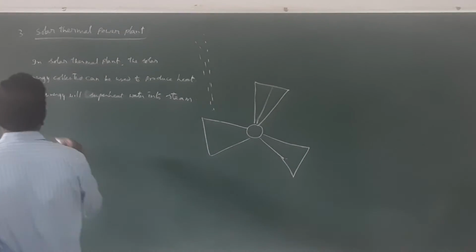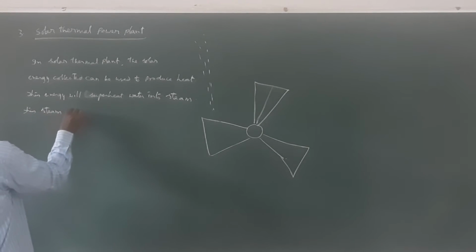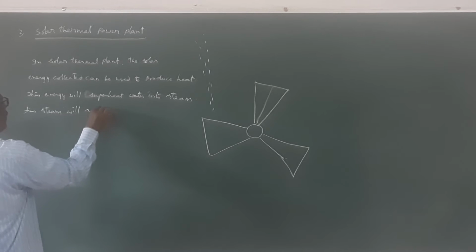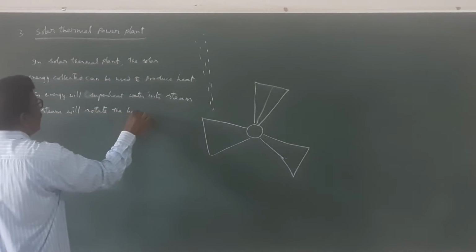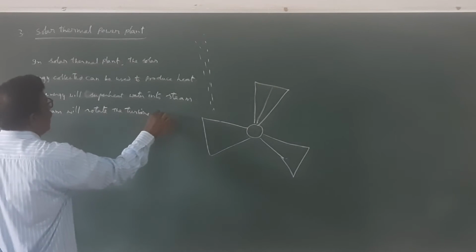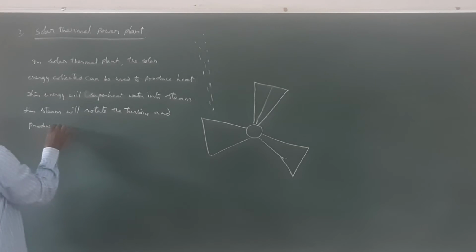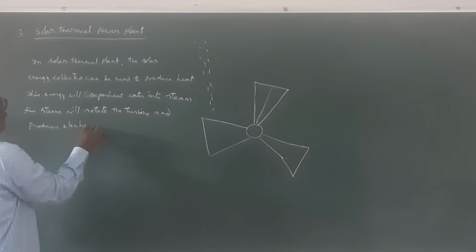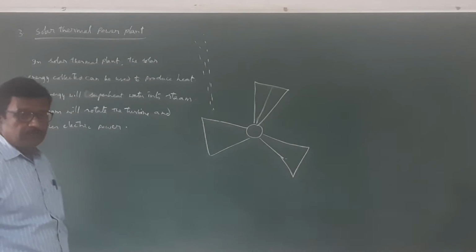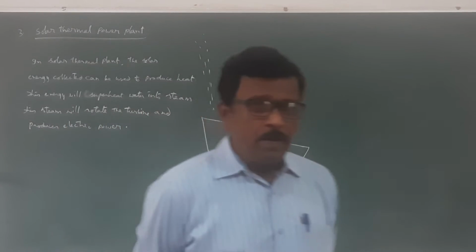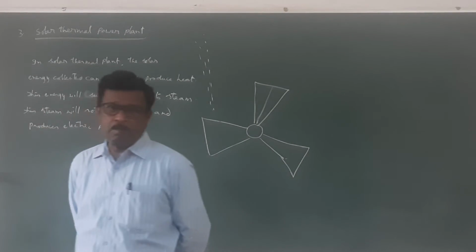This steam will rotate the turbine and produce electric power. This is the main principle involved in the solar thermal power plant.